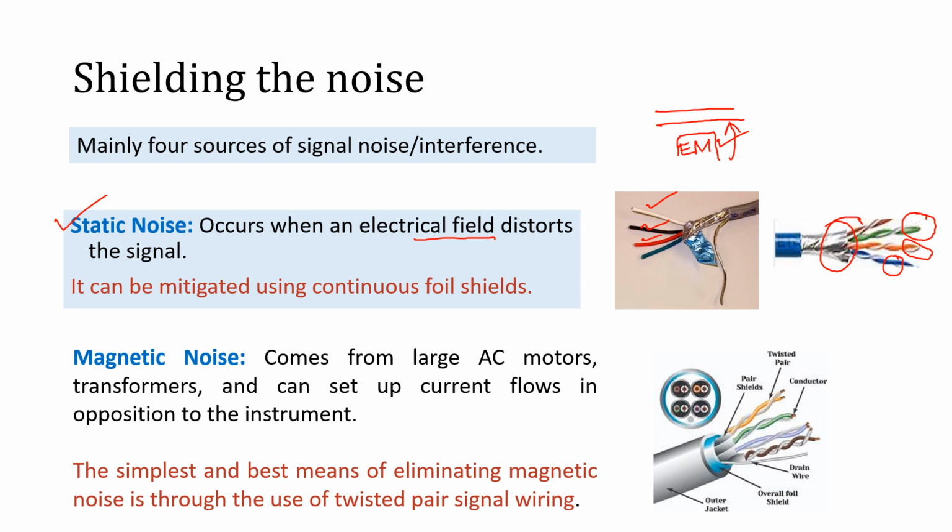And how can we avoid it? We can mitigate such kinds of noises using continuous foil around the wires, like here. So you have aluminium foil which is wrapped around throughout the length of the wire. Okay, so with the help of foil you can easily remove this kind of static noise.